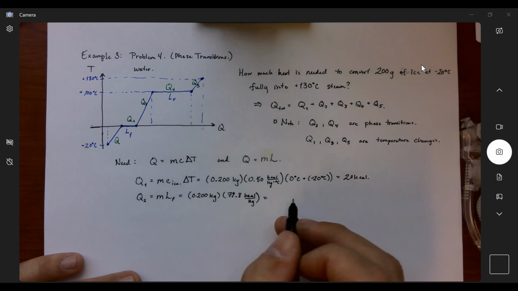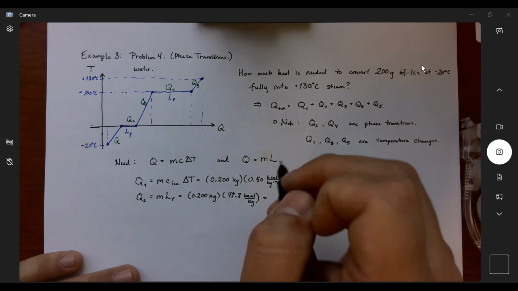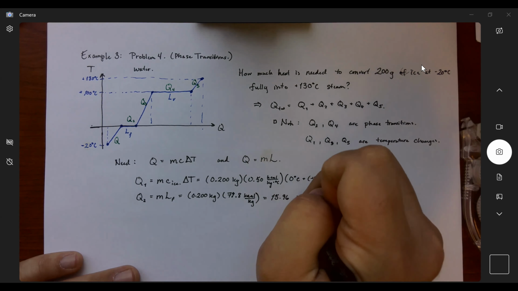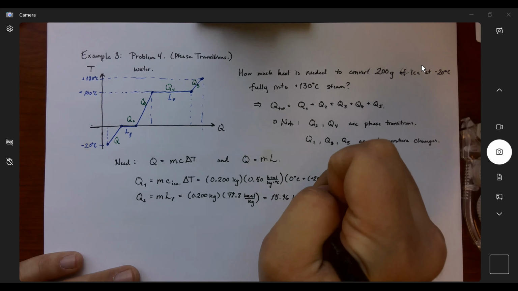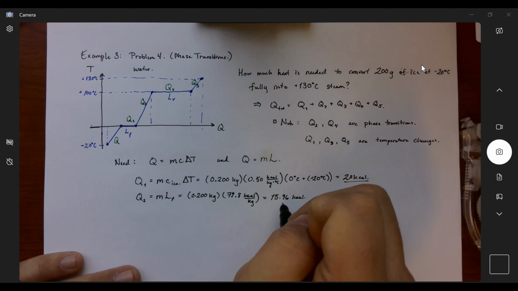And so that's just a matter of multiplying those two together, and I get 15.96 kilocalories for that.